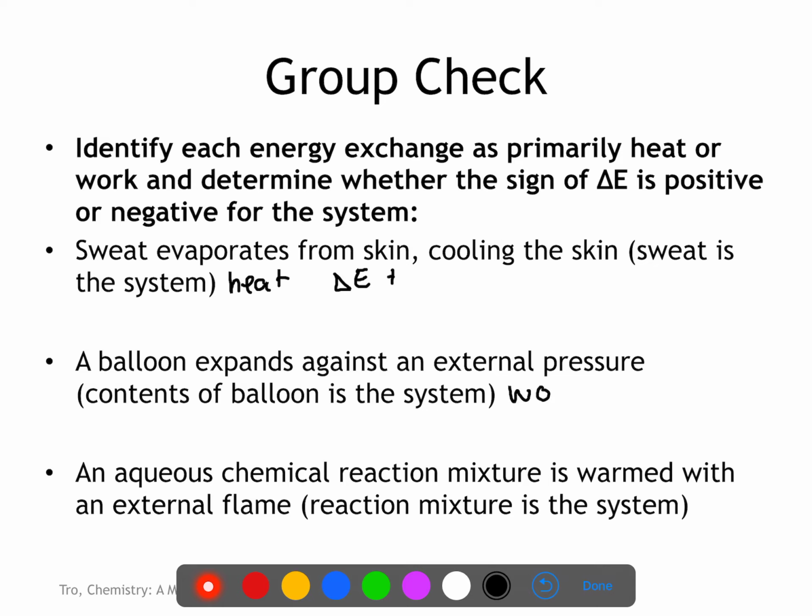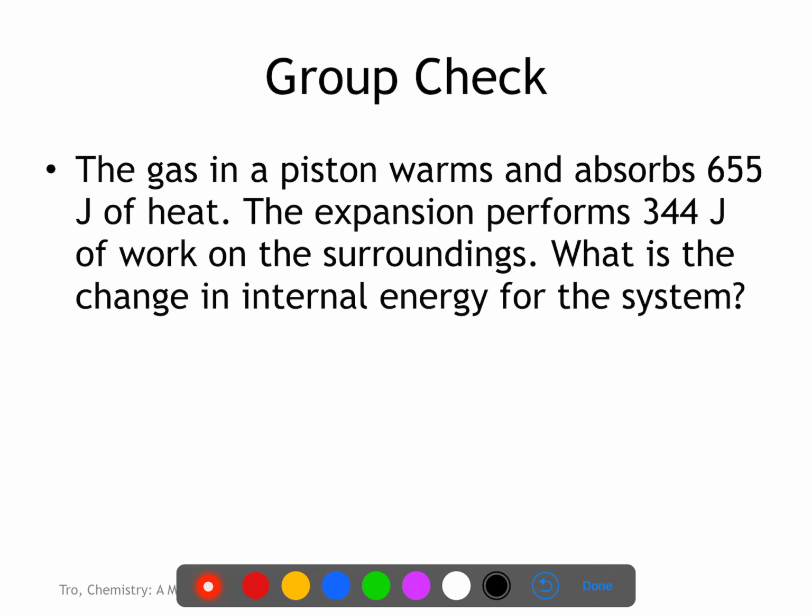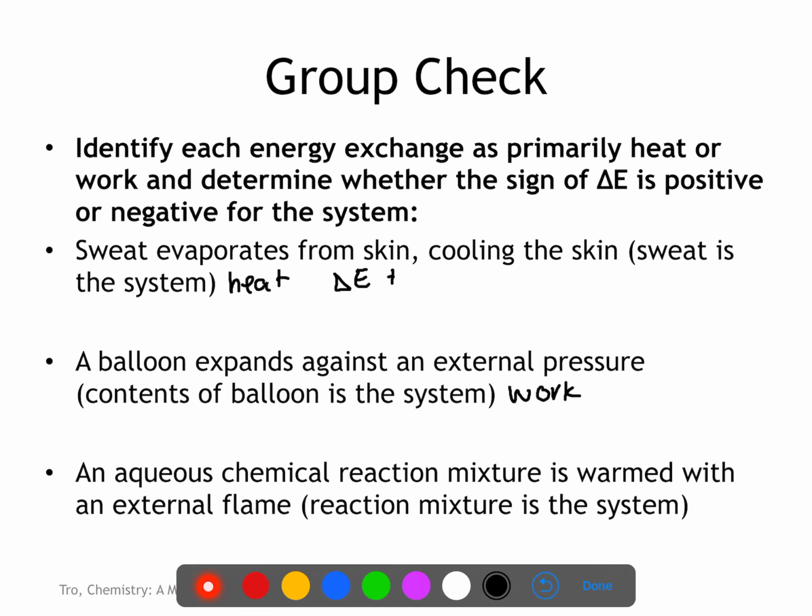Therefore, we're looking at work here, and work is being done by the system. In order to expand, the contents of the balloon have to push against the surface of the balloon. Therefore, since it's being done by the system, the change in energy is negative.